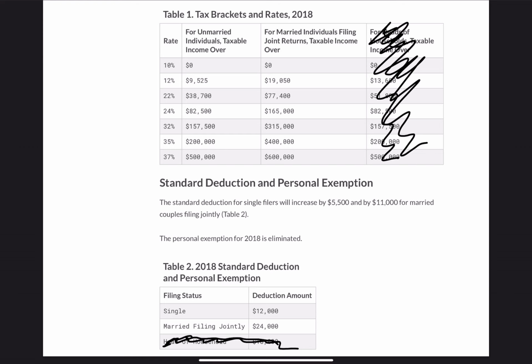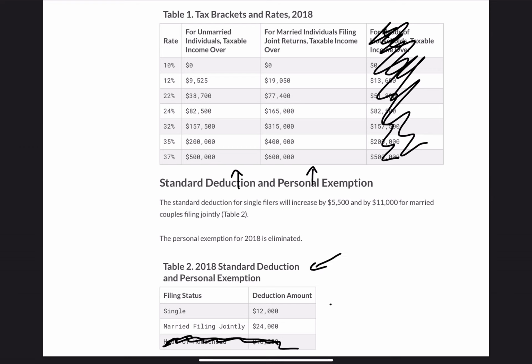The first column that you can see refers to unmarried individuals, so singles, and this one refers to married couples which are filing jointly. This will be important for calculating the tax liability. In addition, we have a table for the standard deduction and personal exemption.